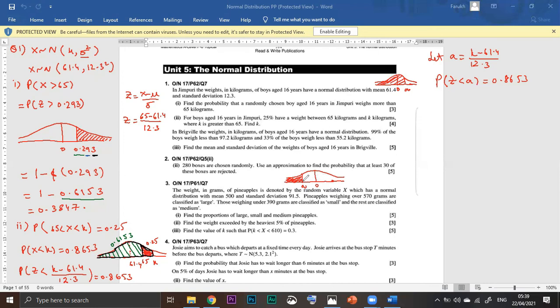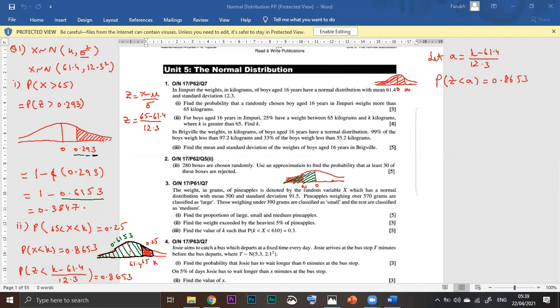Can the area on the left hand side of A be 0.8653? Mila, this whole area is 50%. Can the red area be 86%? Yes. Area to the left of 0 is 50%.